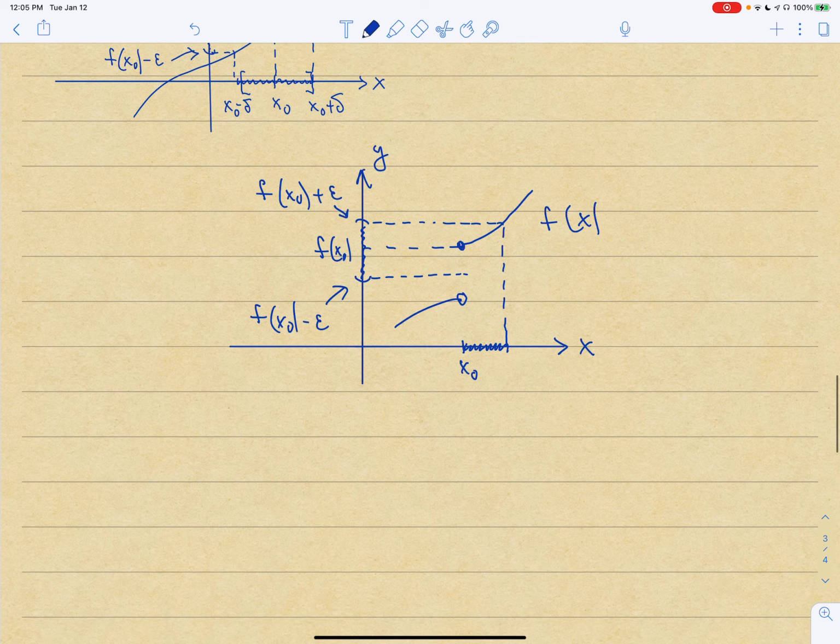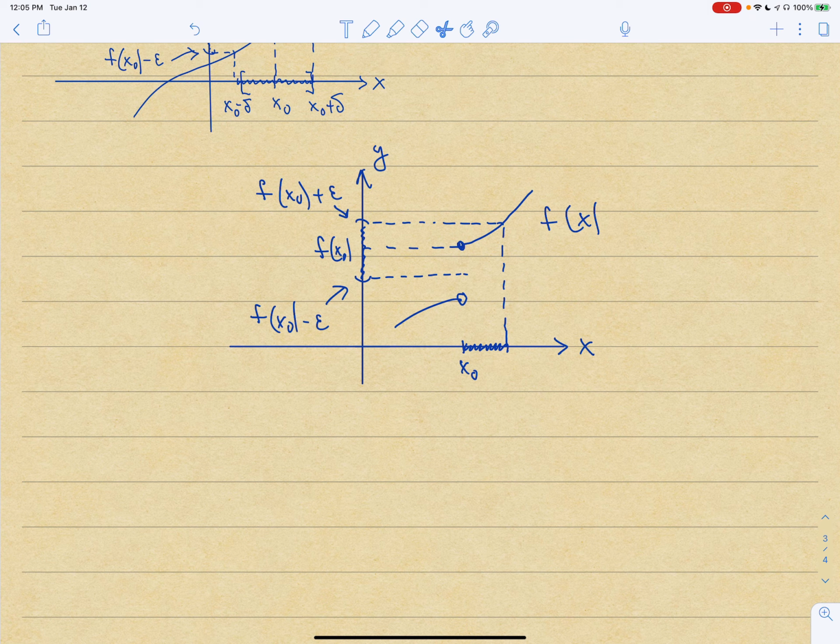Okay, so then I go to the right by some amount to stay inside this interval. I'm allowed to go by this much to the right along the x-axis, but I'm not allowed to go to the left at all because there the values of the function will fall outside of this window.